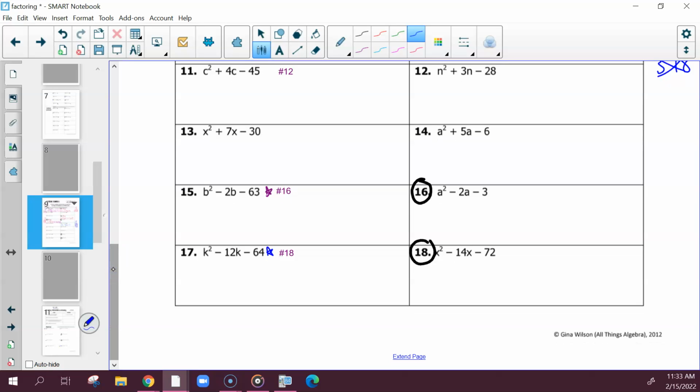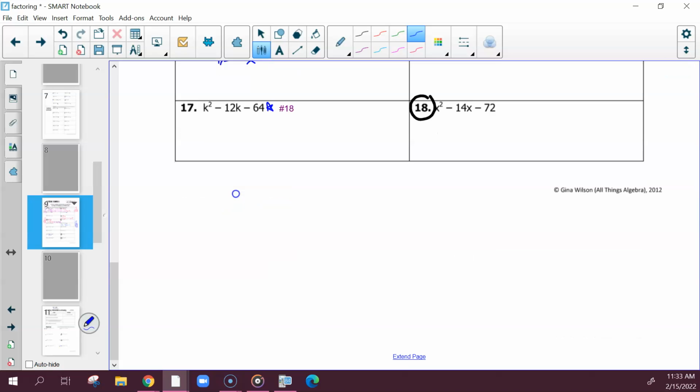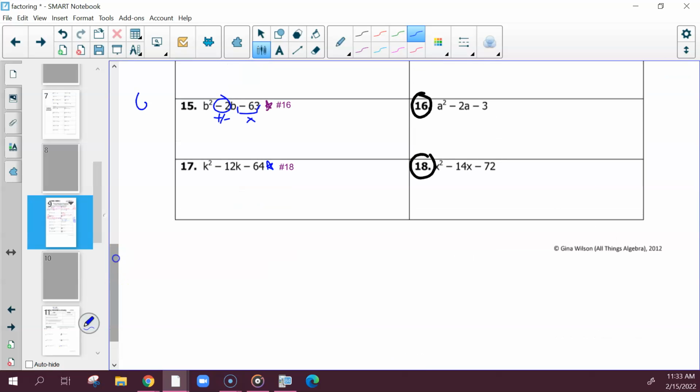So for 15, if we were looking for factors of 63, multiply and then add or subtract to be negative 2. What are some factors of 63? 1 and 63. Twenty-one and 3.